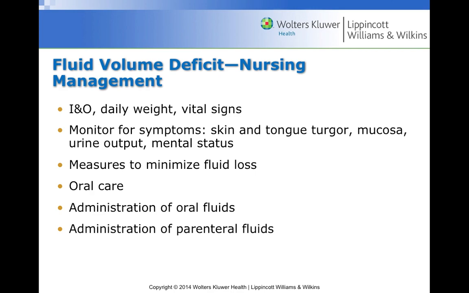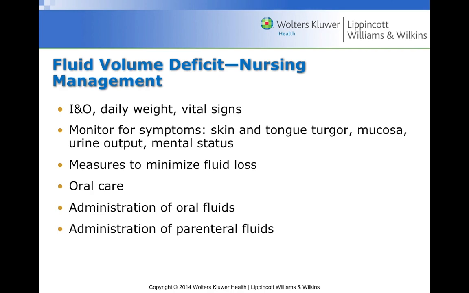Skin and tongue turgor, which we rarely check tongue turgor, are monitored on a regular basis. So in a healthy person, pinched skin immediately returns to the normal position when it is released. Tissue turgor is best measured by pinching the patient's skin right over the sternum, the inner aspects of the thighs, or even the forehead.